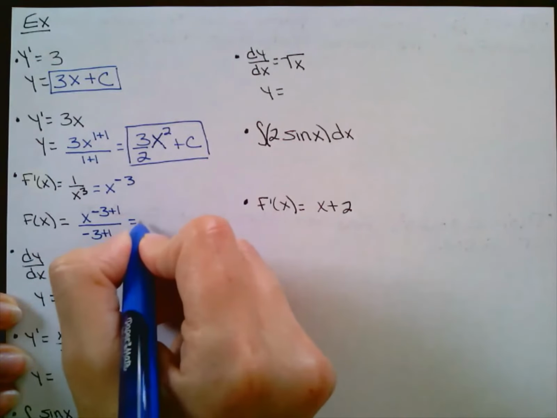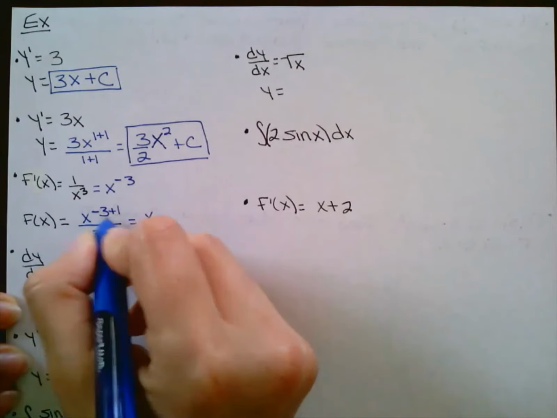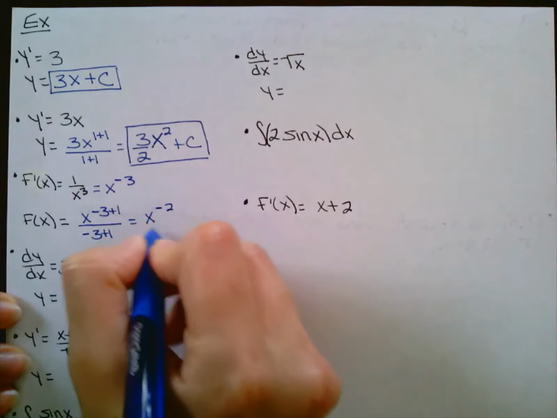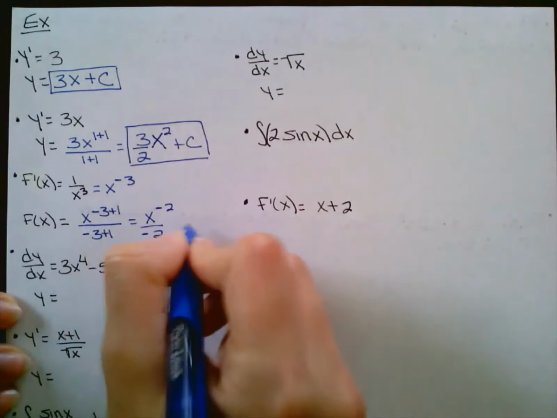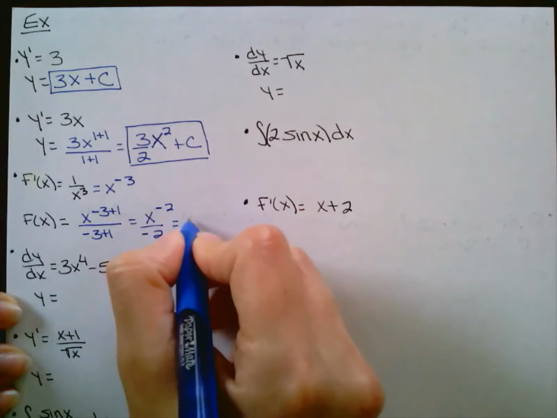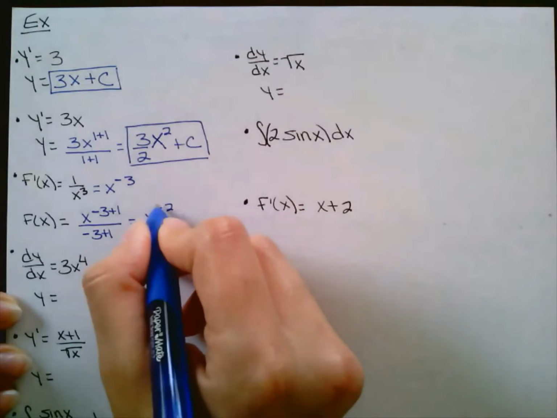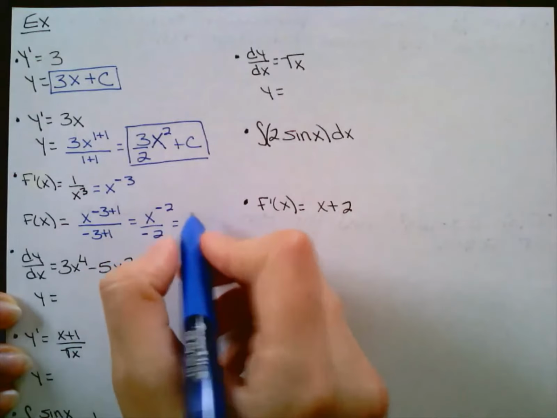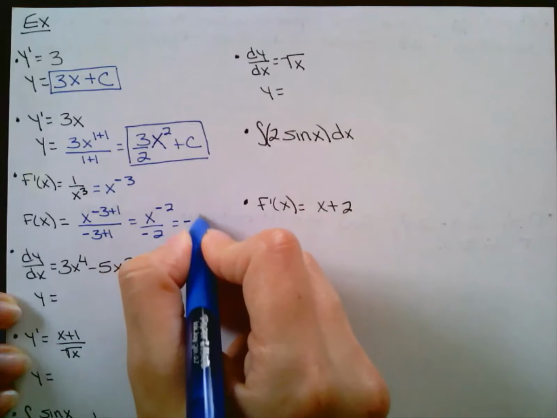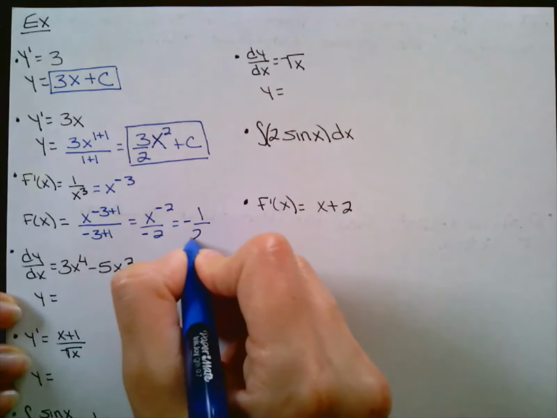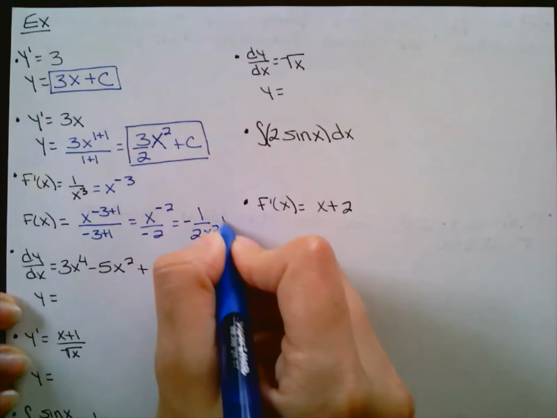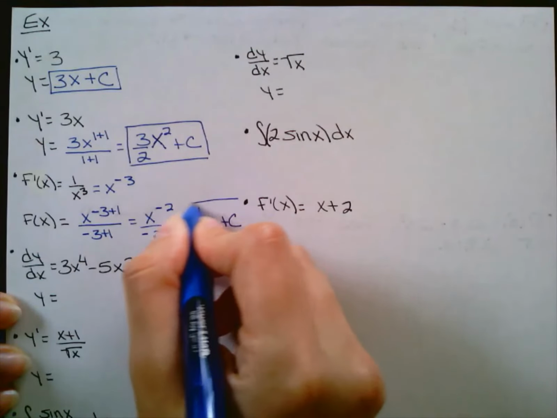So this will give me negative 3 plus 1 is negative 2, and I'm dividing by negative 2. Remember, now this negative exponent is going to take it down because all of my answers have to have positive exponents. So negative 1 over 2x squared. And don't forget your plus c.